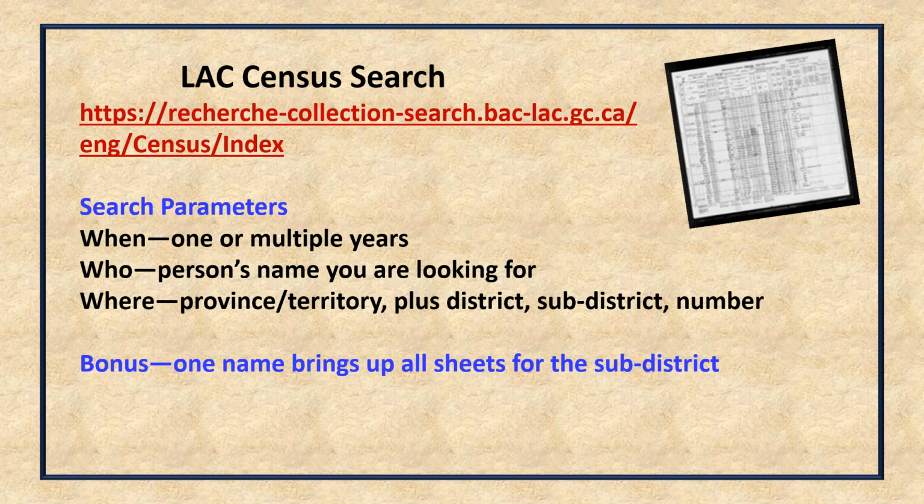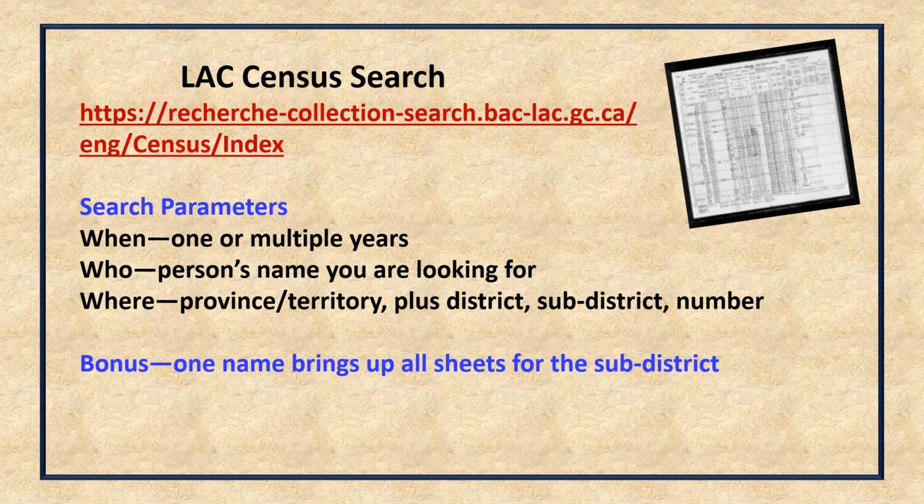Who, the name of the person you are searching, plus age data if you know it. Where, all the provinces and territories you want to search, if you're uncertain of the province or territory in question. And under More, the census district, sub-district, number help to narrow the search if you know them.